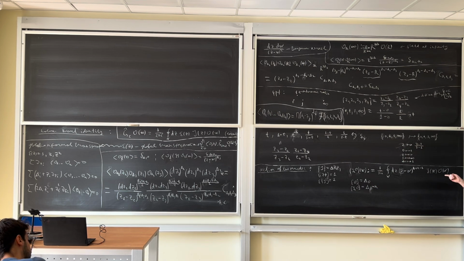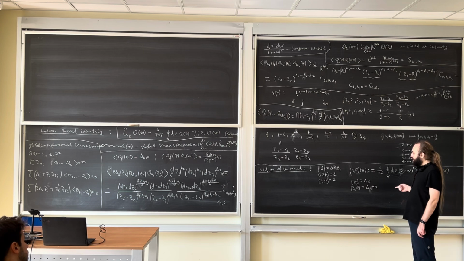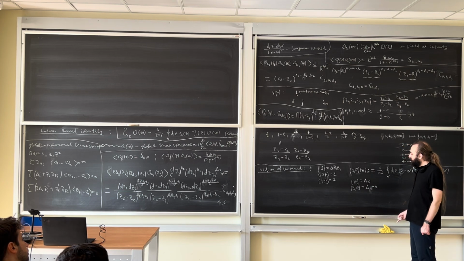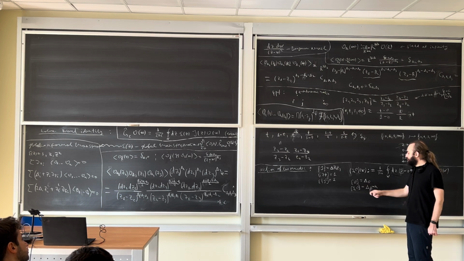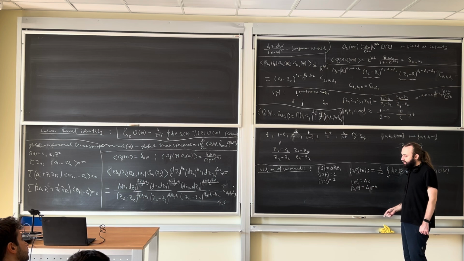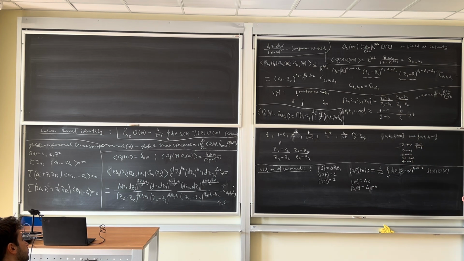So this is the motivation for this definition: now we don't need to remember the dimension of this current. And so the dimensions of its modes depend only on their indices. We just define some action on the space of fields.